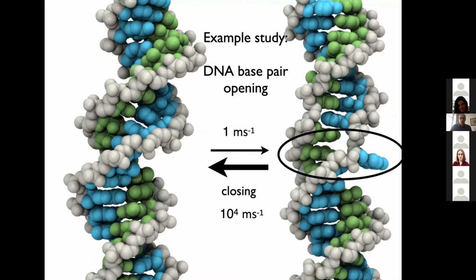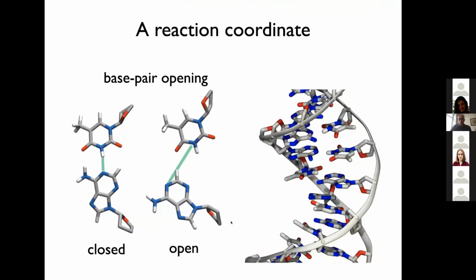So this is a convenient example case, because it is unreachable through molecular simulation. Plus, there's a very high free energy difference here: kT log 10 to the power 4. So that's pretty large.